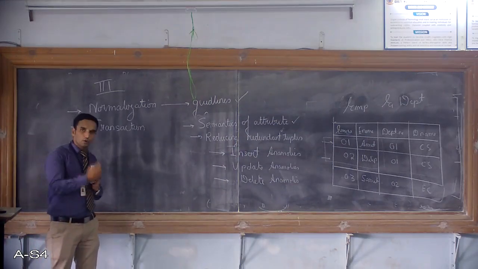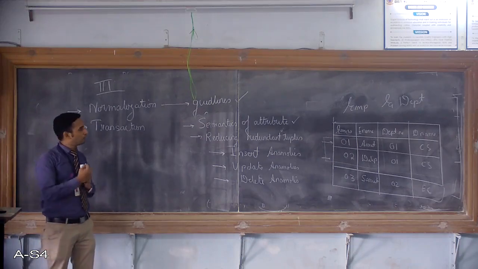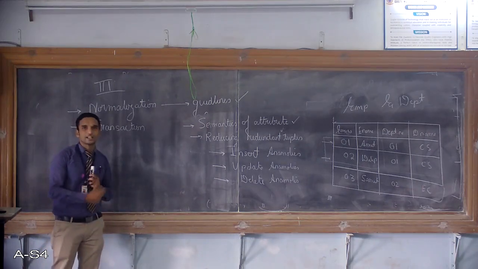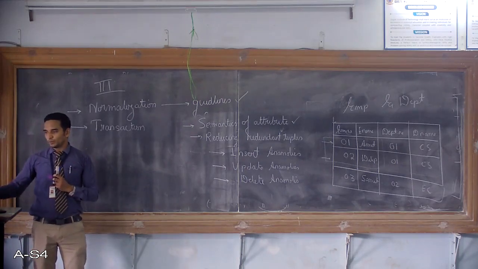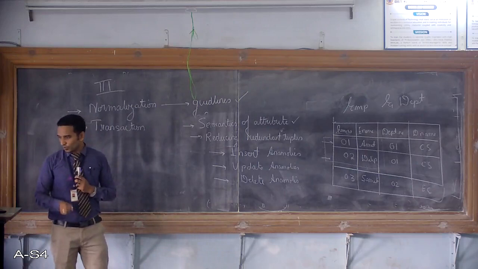While talking about redundant information, we have three problems: insert anomaly, delete anomaly, and update anomaly. Now we'll understand one by one what happens here.